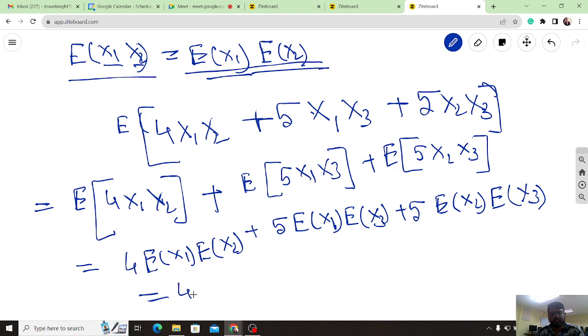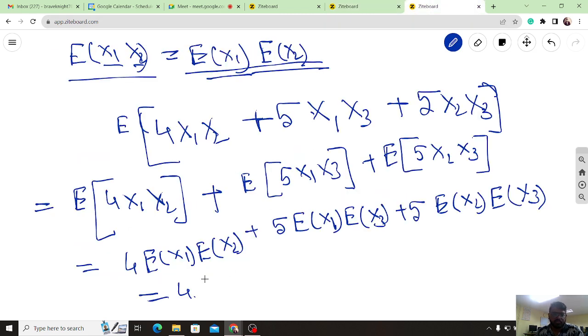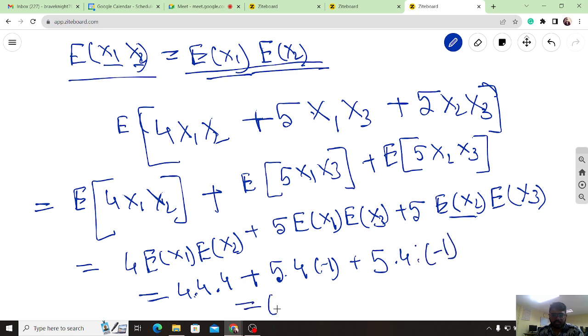This is equal to 4 into, just check the expected values: x1 and x2 are both 4, only x3 is minus 1. So at first it is 4 into 4 into 4, plus 5 into 4 into minus 1, plus similarly 5 into 4 into minus 1. So this is 64 minus 20 minus 20.